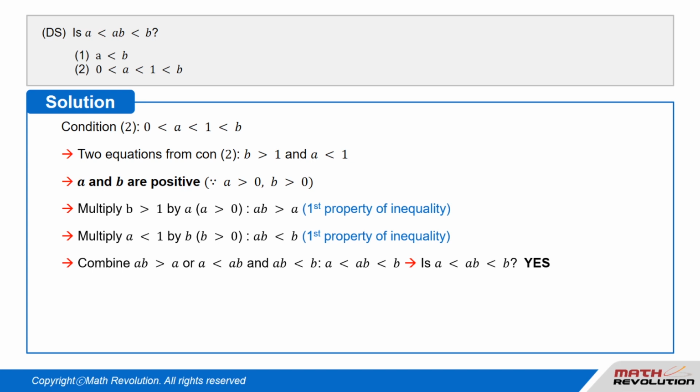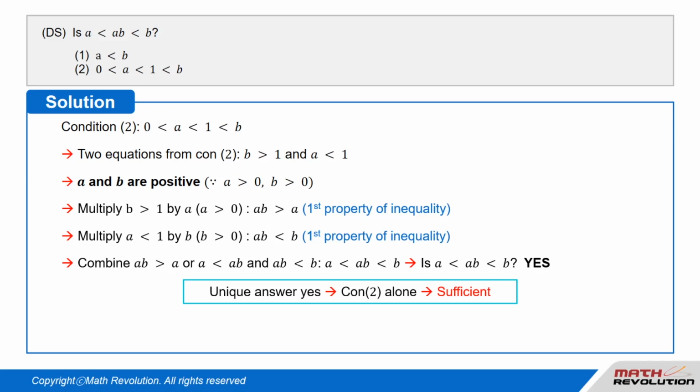Combining A is smaller than A times B and A times B is smaller than B, we get A is smaller than A times B, which is smaller than B, which is what the question asked. Thus, the answer to the question is a unique yes.